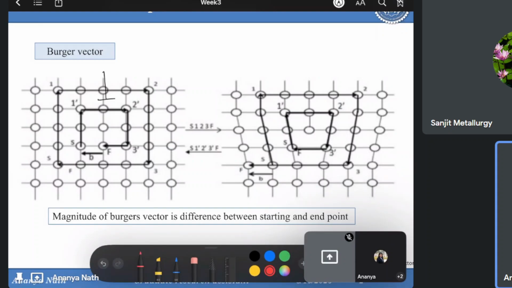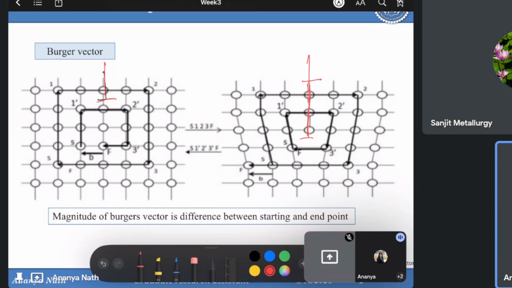If it's in between this, there is an extra half plane. This is a normal lattice, but here there is an extra half plane along this direction. So this is the plane, this is the direction, or this is the slip line, you can say.